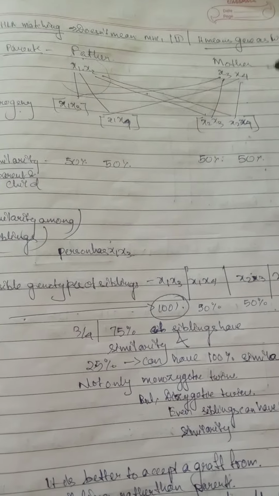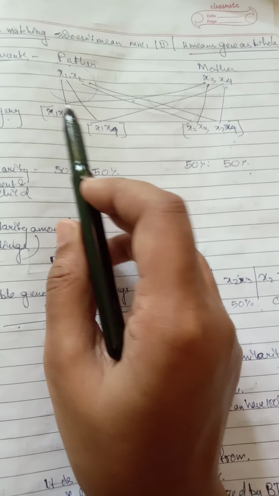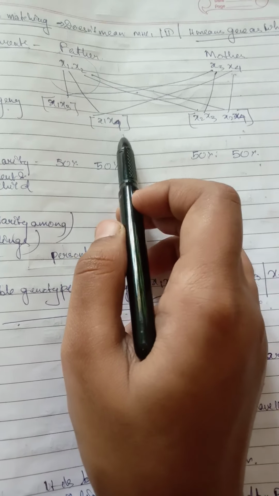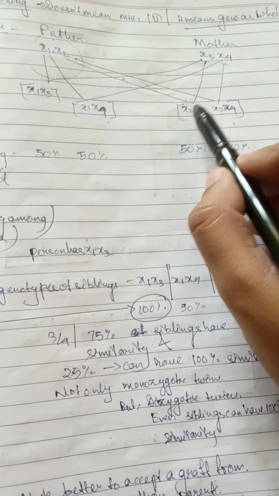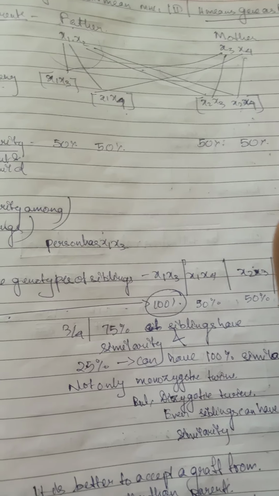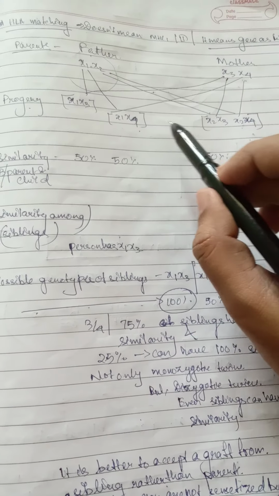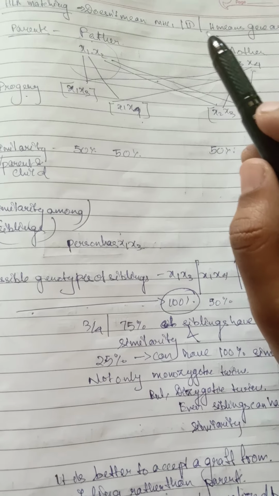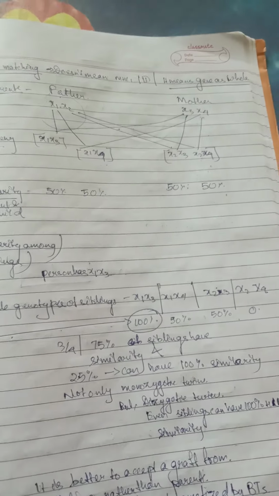Now, the possibilities of HLA genes in the progeny are X1 and X3, X1 from father, X3 from mother; X1 and X4, X1 from father, X4 from mother; X2 and X3, X2 from father, X3 from mother; X2 and X4, X2 from father and X4 from mother. So in all these instances, we can see that the progeny has no chance of getting the whole HLA of father or the whole HLA of mother, since it's a dihybrid cross.